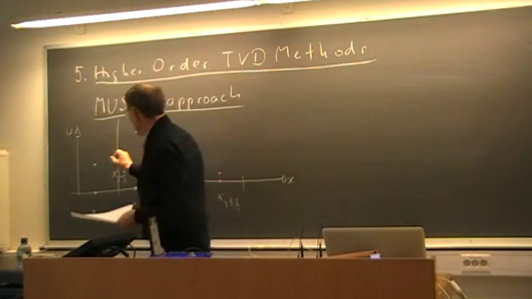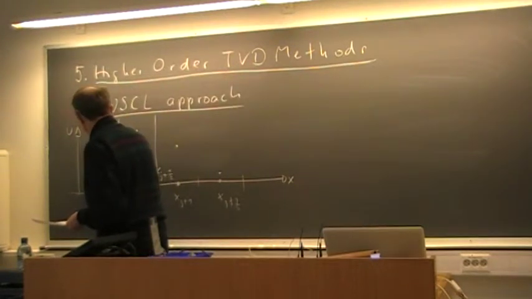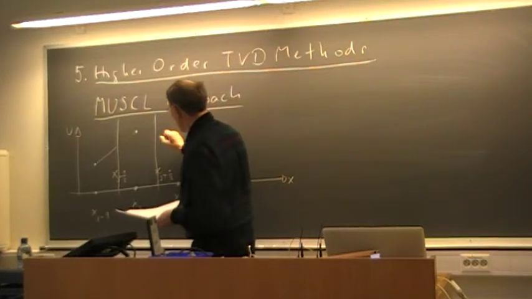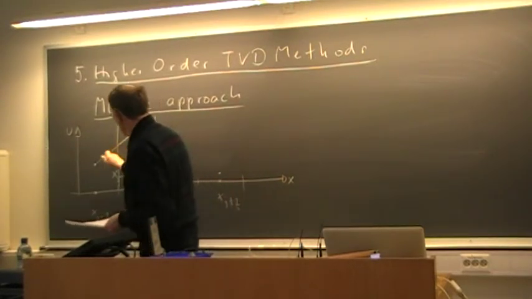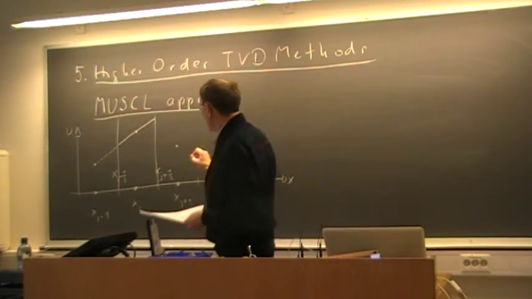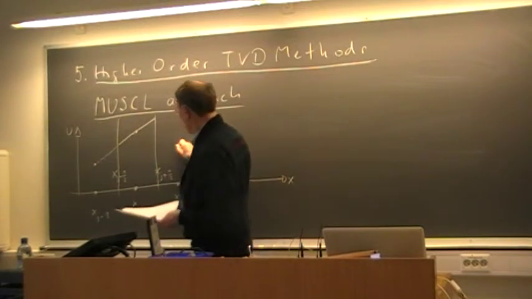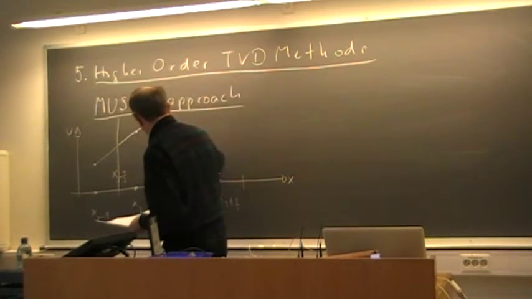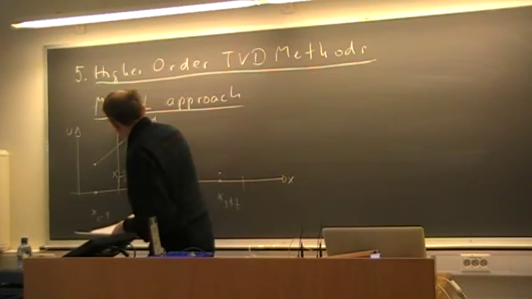And then we argued we could take the slope that is coming from the left, and then we would have this. Or we could try taking the value on the right, and get a distribution that would look like that.